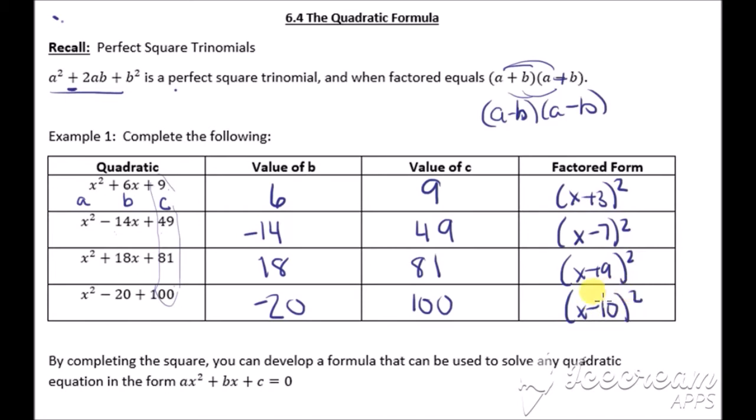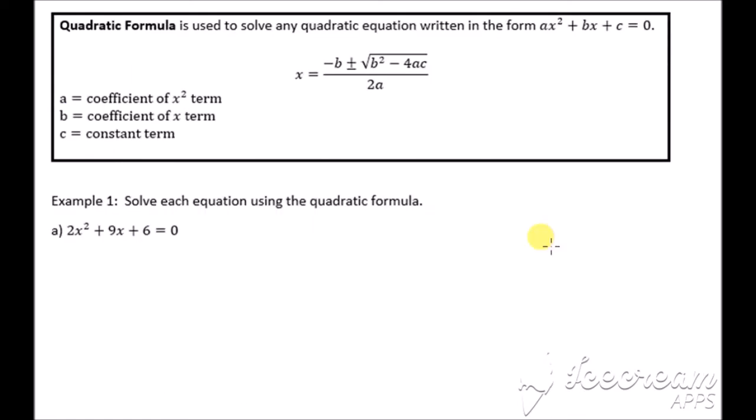Okay, so by completing the square, we can develop a formula that can be used to solve any quadratic equation in this form. So we have the quadratic formula, and the quadratic formula is actually derived from if we took ax squared plus bx plus c, completed the square on this, and then isolated for x.